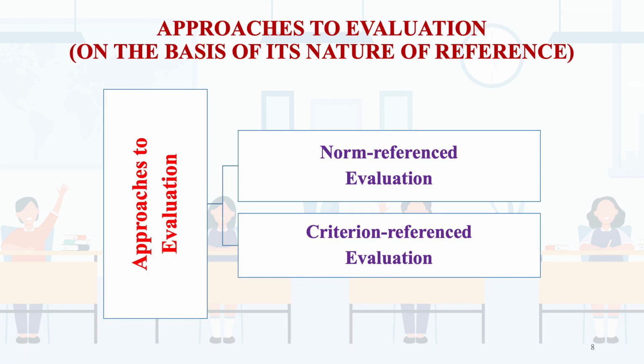That classification is as per the functions of evaluation, but here the norm referenced and criterion referenced approaches to evaluation, this classification is based on the nature of reference. So as per the nature of reference, there are two types of evaluation, that is norm referenced and criterion referenced evaluation.